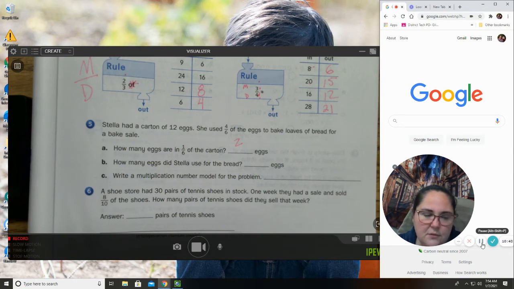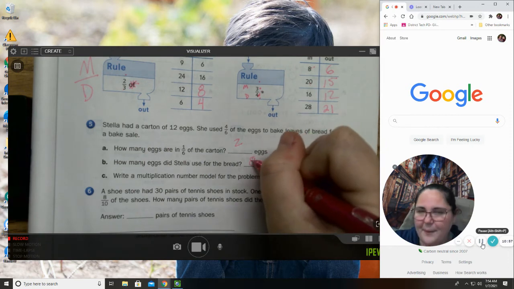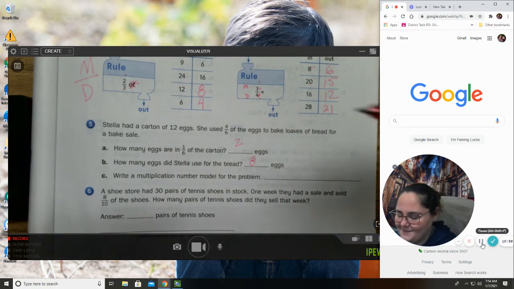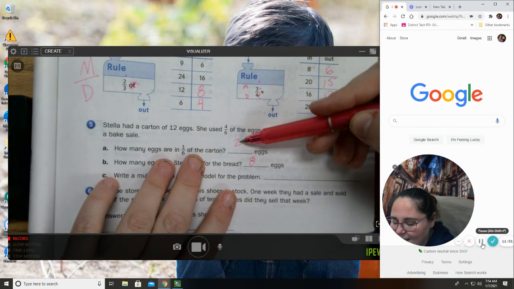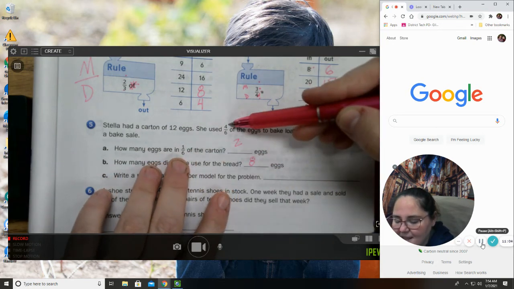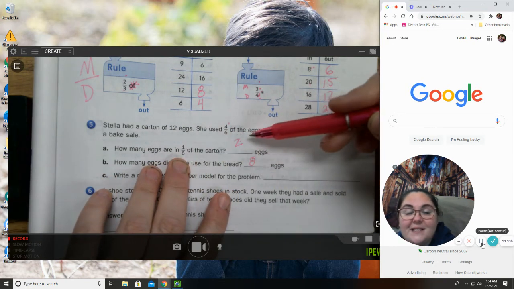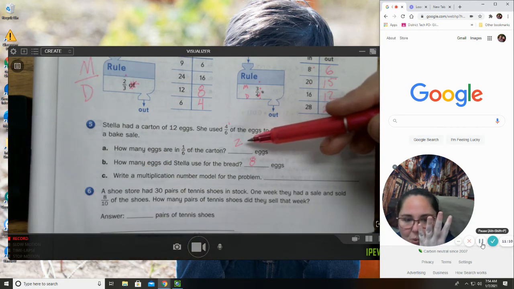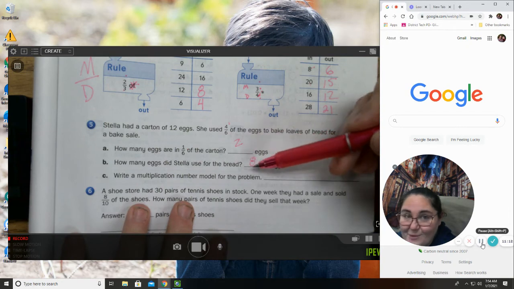So I could do 12 times 4 divided by 6, right? Let's see. 12 times 4 is 48. Divided by 6 is 8. But now let's think about this for a second. What do you notice about 1/6 and 4/6? 1 times what equals 4/6? 2 times what equals 8?